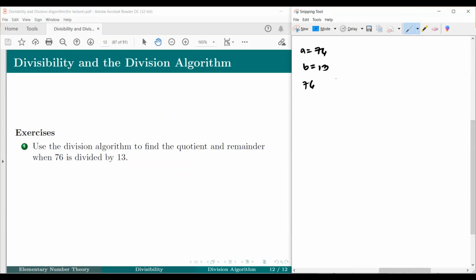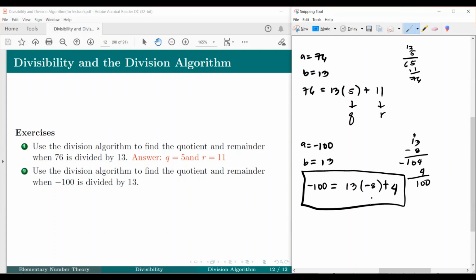So 76 is equal to 13 times what number plus the remainder? So here, Q is negative 8, and then R is 4. So we have our answer. Q is negative 8 and R is 4.